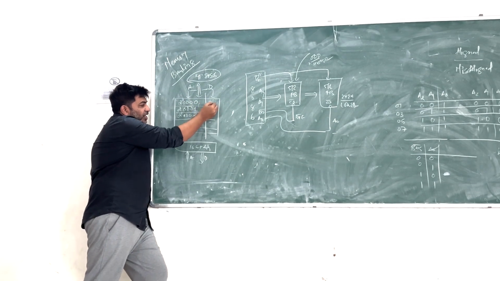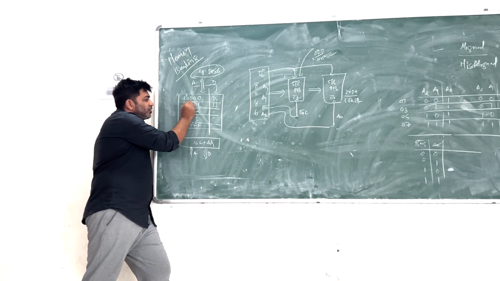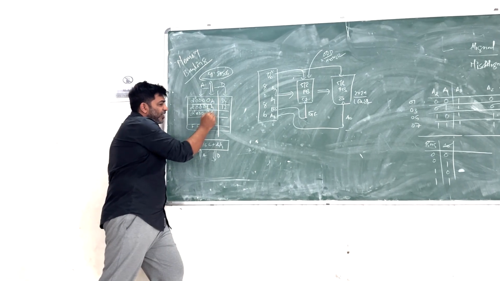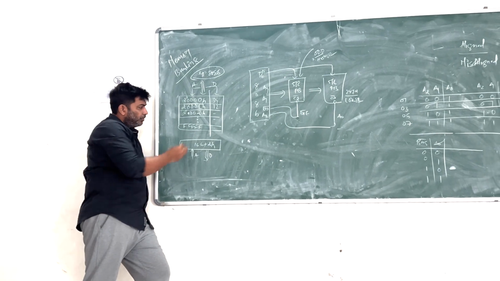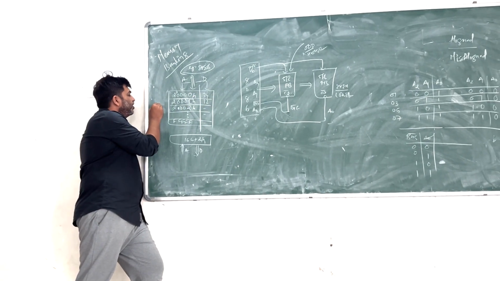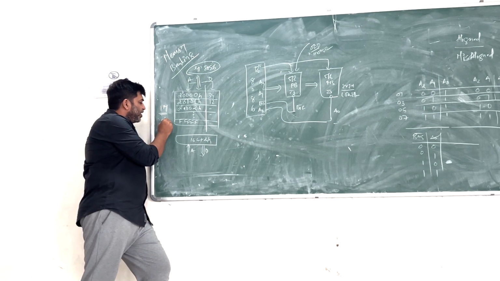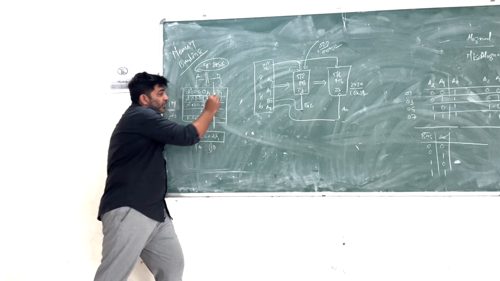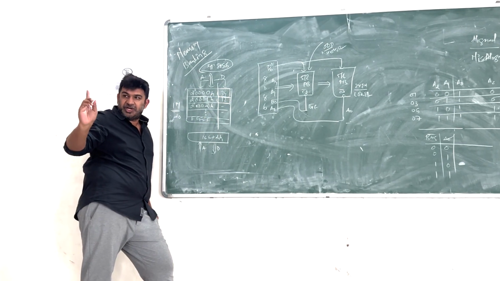Your memory will contain data. It contains addresses. These addresses are of 20 bits. A 5-digit hex number means a 20-bit number. There are a total of 1 million locations possible. Why? Because with a 20-bit address bus, 2 raised to 20 is 1 million. Each location can store only 8 bits of data, 1 byte.